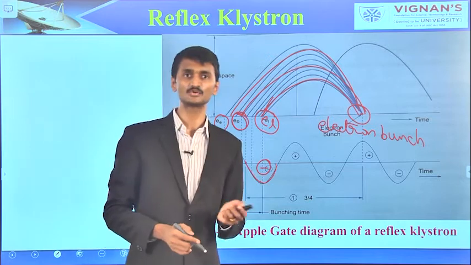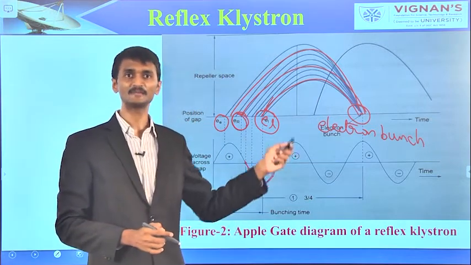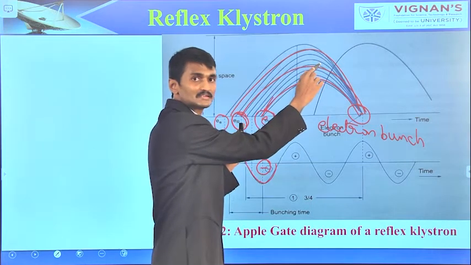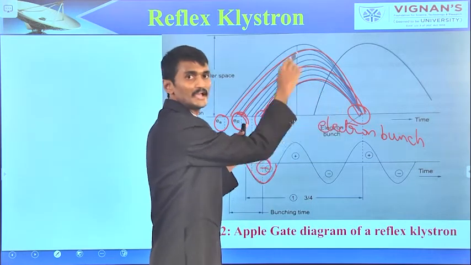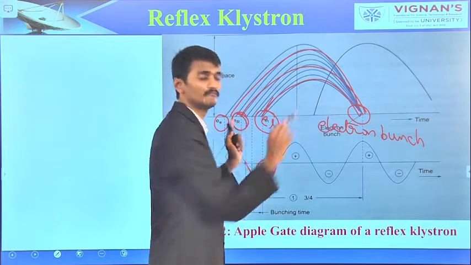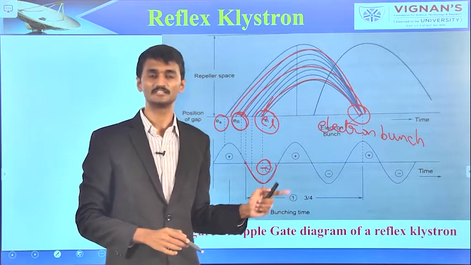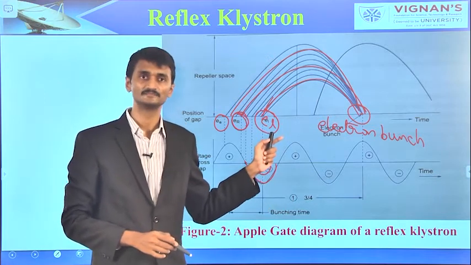For oscillations to be sustained, the time taken by the electrons to travel into the repeller space and back to the gap must have an optimum value. This time is called the transit time, right.